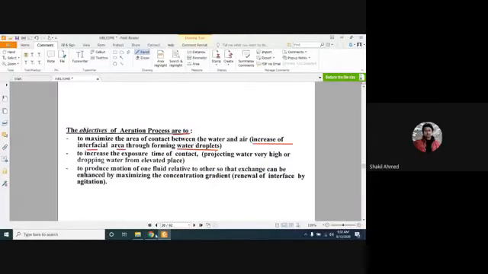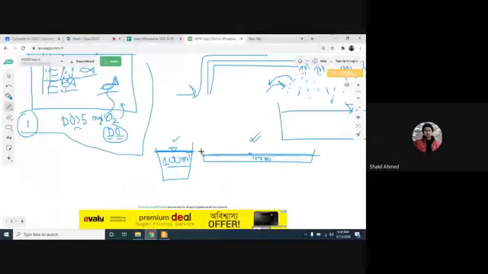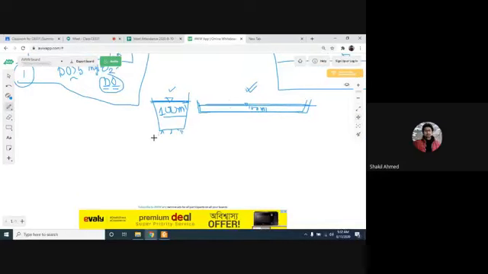Okay, so you can do this by increasing the interfacial area, or you can use a sprinkler, maybe at the bottom, and then it will spread out. So more and more water is in contact with air and you collect it.